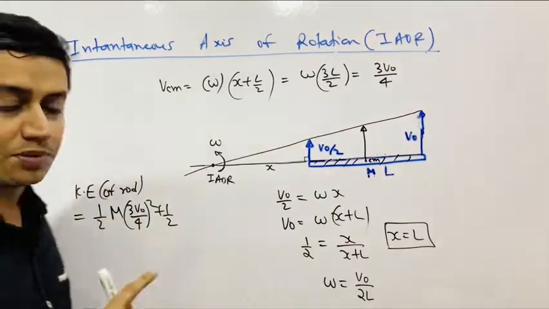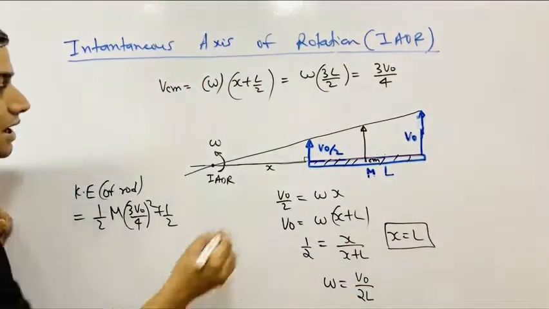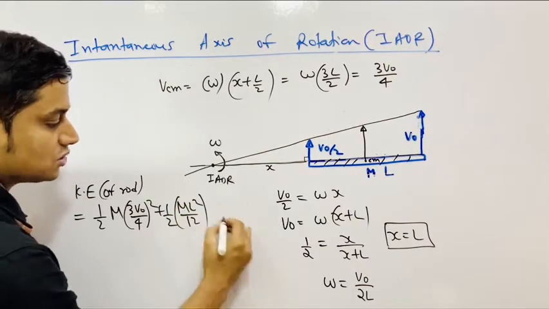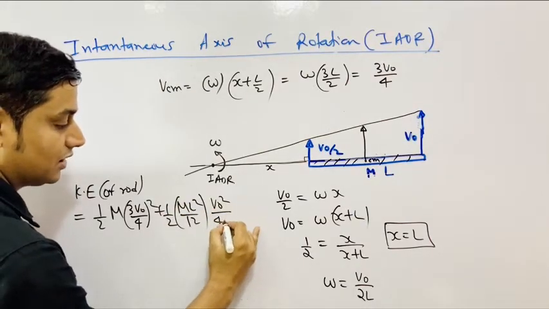omega square, because I have taken VCM here. It is a two-step process, superimposition. I have taken ICM, and ICM is ml square by 12 into omega square, meaning V naught square by 4L square.